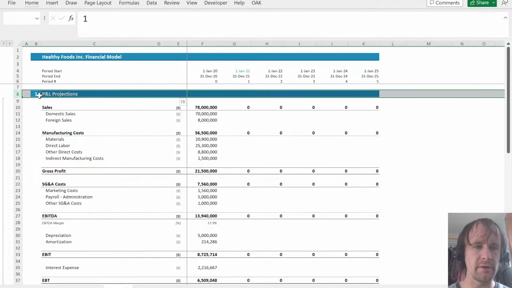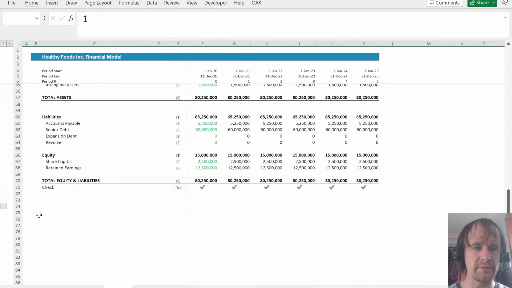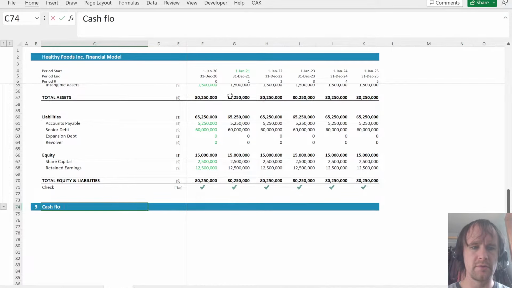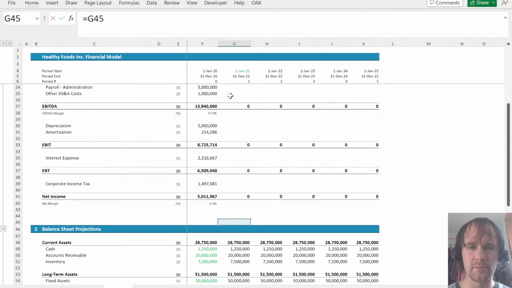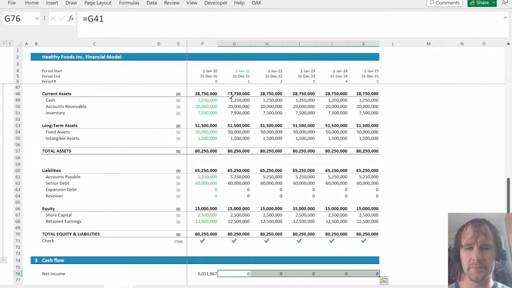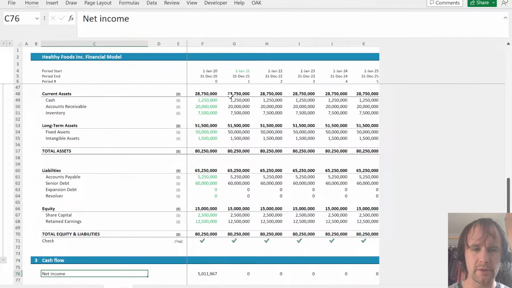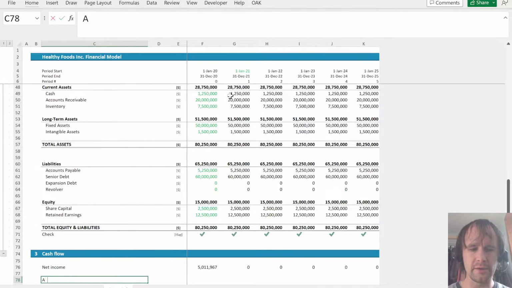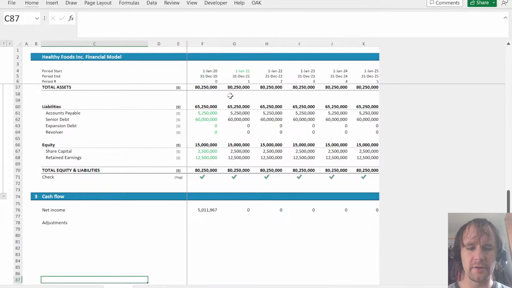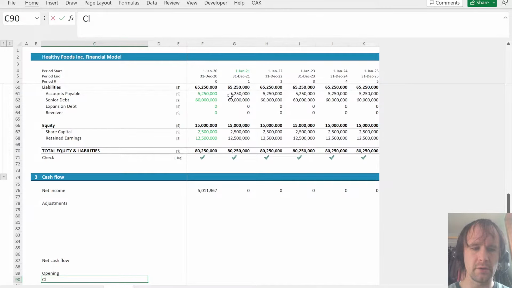So, and then finally I'm going to add cash flow. I'll just leave it very simple for now. I'll say net income. I guess we can do it for here as well. And let's just hide all these other columns so I can move around more easily. And then I'll just say adjustments here. I'll leave a bunch of blank space and then net cash flow, opening, closing.